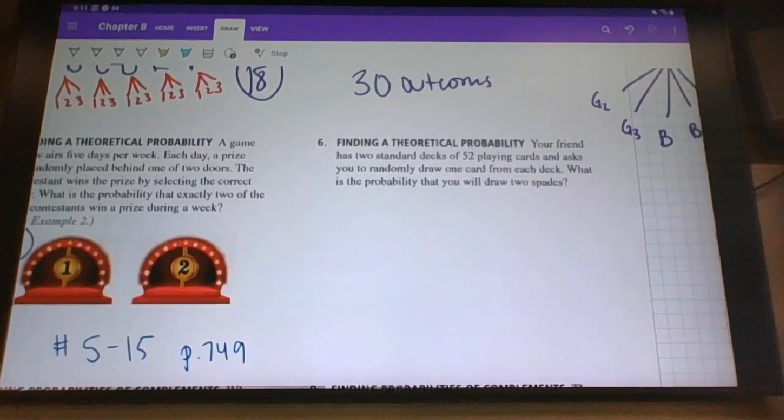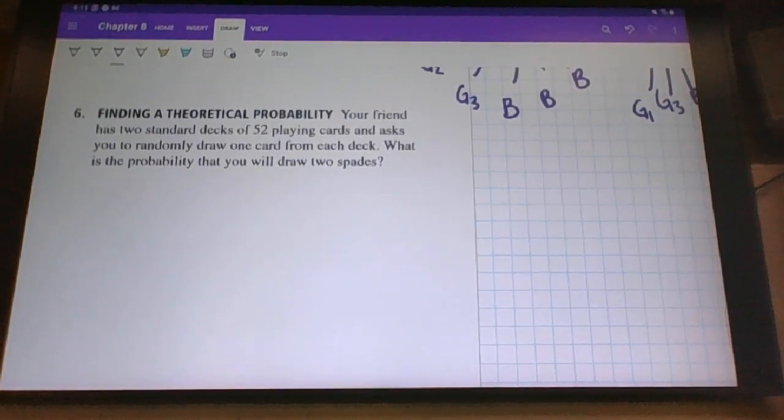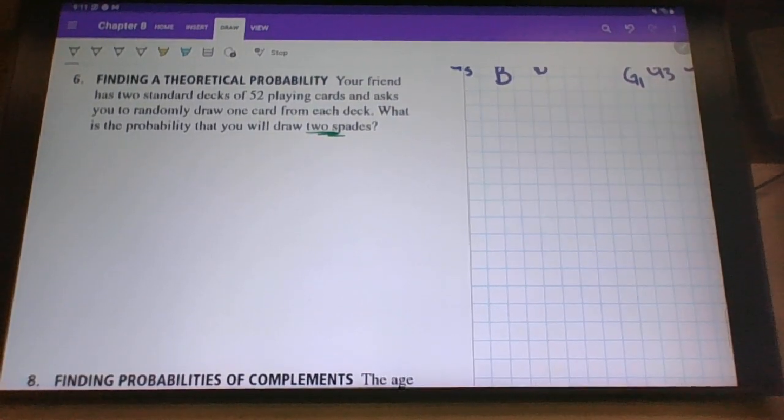You guys, this one's kind of cool. I thought you'd want to think about how to set it up without some help. So, what are the chances of getting 2 spades? Let's look at the outcomes.